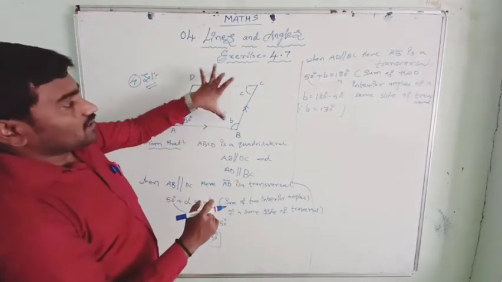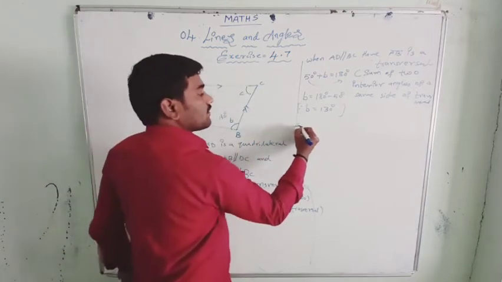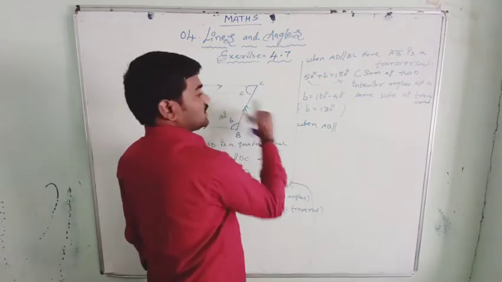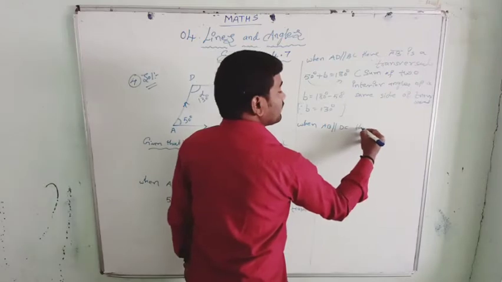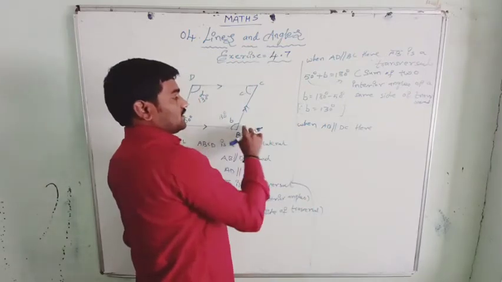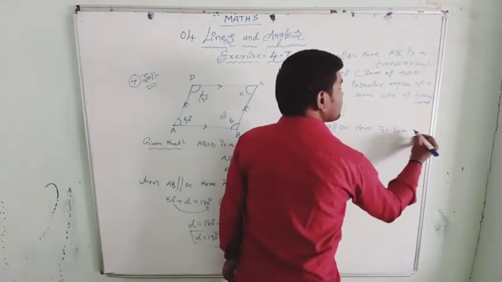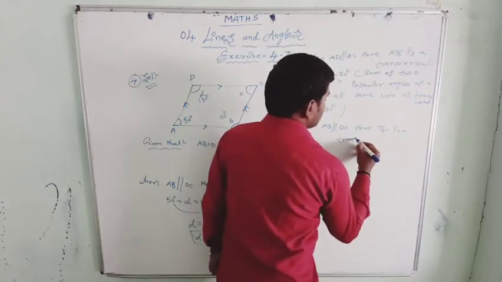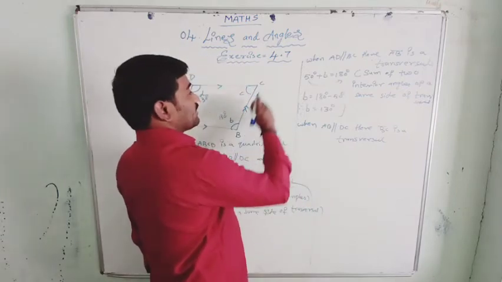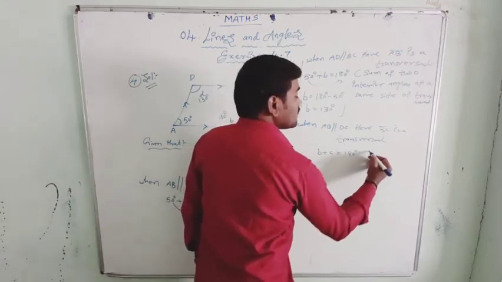If AB is parallel to DC, now in this case you take BC as a transversal. You can do it 3 times. When AB is parallel to DC, here BC is a transversal. For these two parallel lines, BC is intersecting. So angle B plus angle C equals 180 degrees, the same condition again.